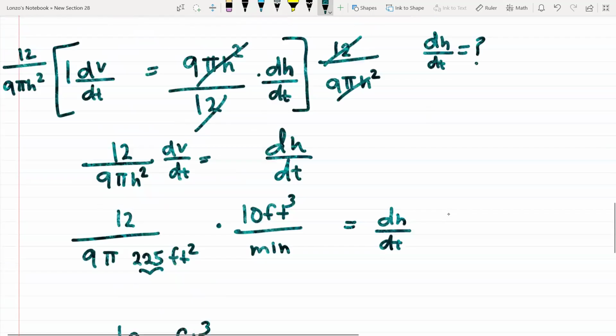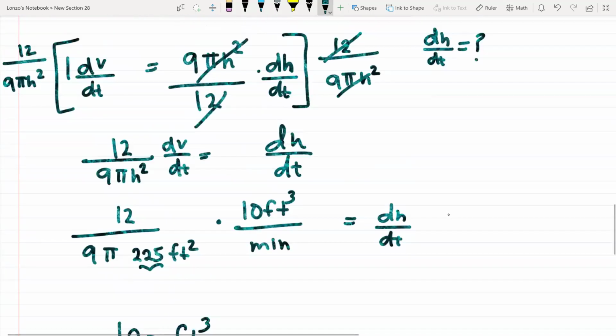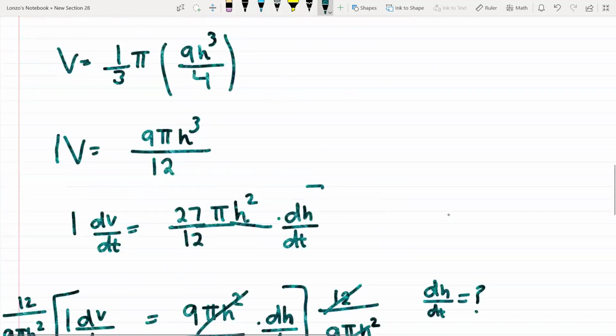I think I messed up on the calculation. What did I mess up on?